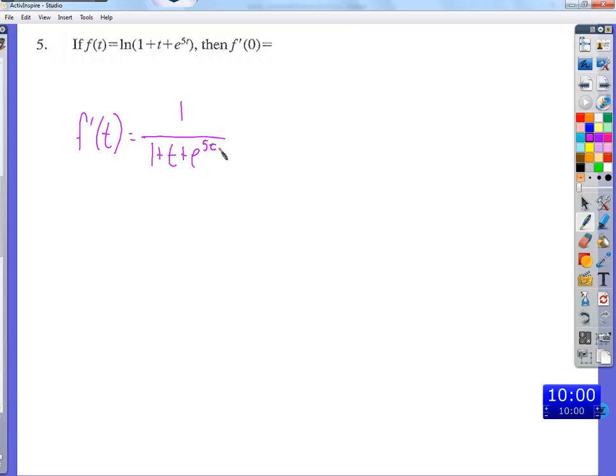Then the derivative of the inside: 1 plus 0 plus 5 e to the 5t times 5, because we have to take the derivative of the inside function. The derivative of 5t is just 5.